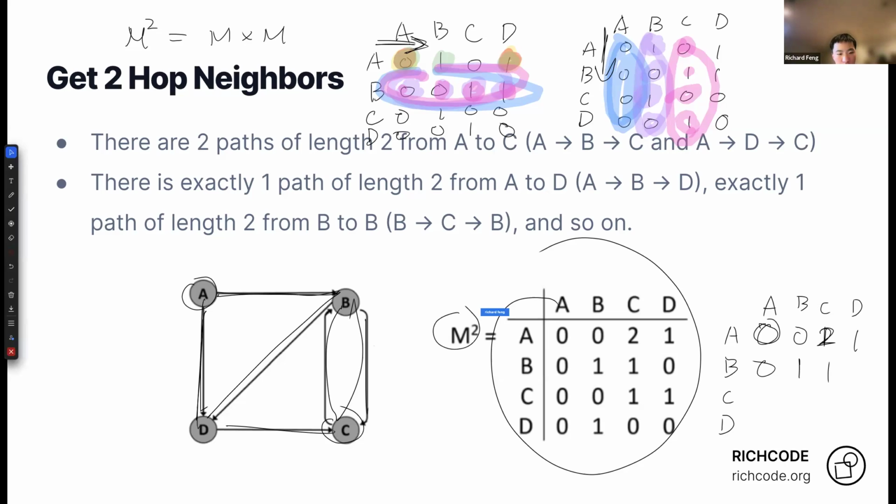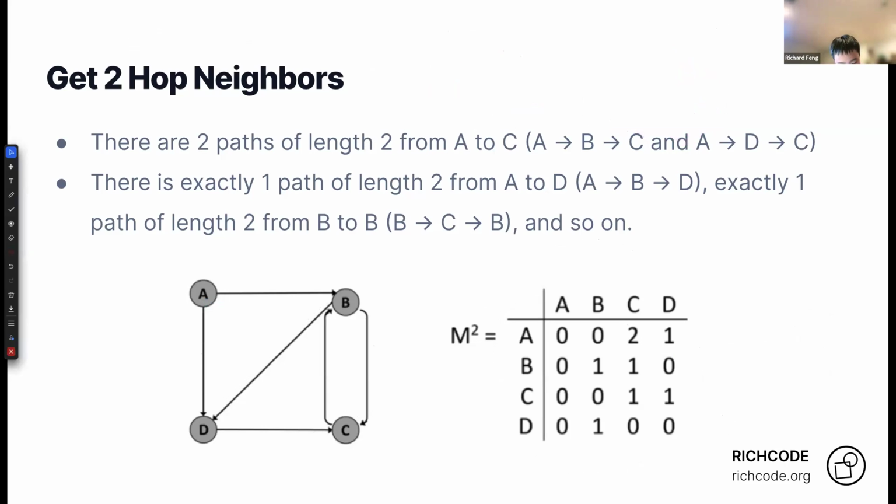But basically what M squared shows is that there are two paths of length 2, specifically from A to C. That's A to D to C and A to B to C. And there is one path of length 2 from B to B, that is B to D back to B. There is one path of length 2 from B to C, which is B to D to C. So that's basically what this resulting matrix shows.